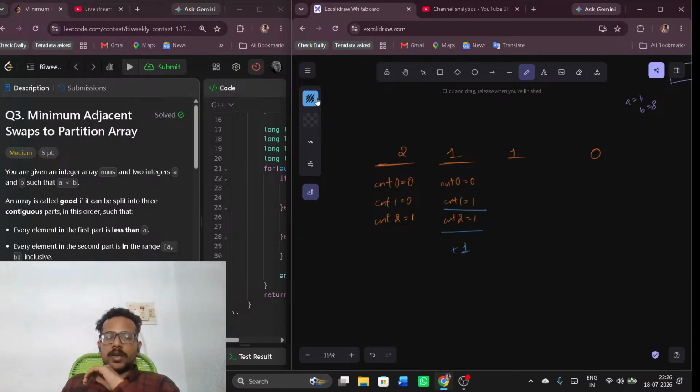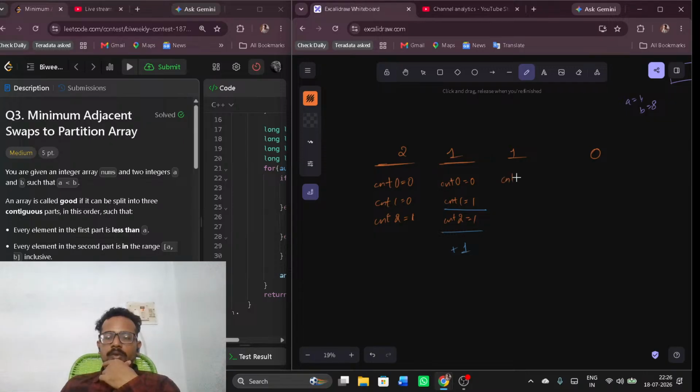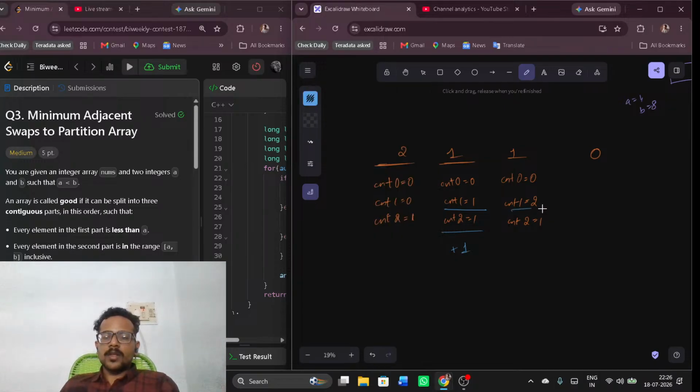Now I have one. If I say it like this, then you would connect the dots. Count 0 is equal to 0. Count 1 is equal to 2. Count 2 is equal to 1. Now, how many times have I seen 2? One time. So I would add 1.